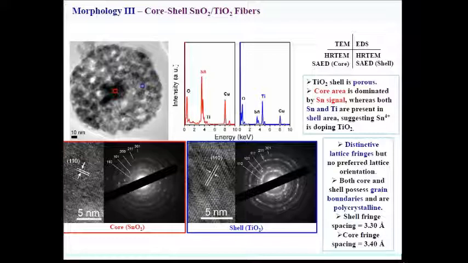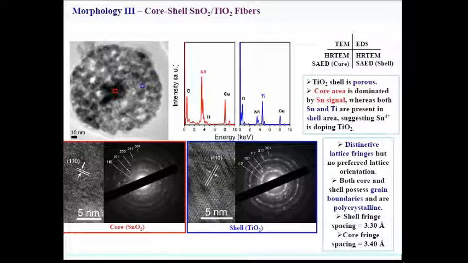The core area is dominated by the tin signal, the outside is dominated by the titanium signal, but there is some degree of doping of either tin on the outside surface or the titanium signal within the inside structure. But the point is that these materials are polycrystalline, and essentially we are creating a relatively uniform boundary between both the titanium and the tin structure.